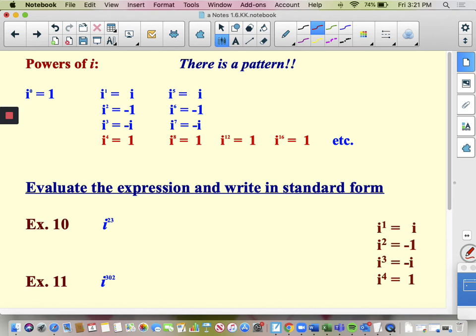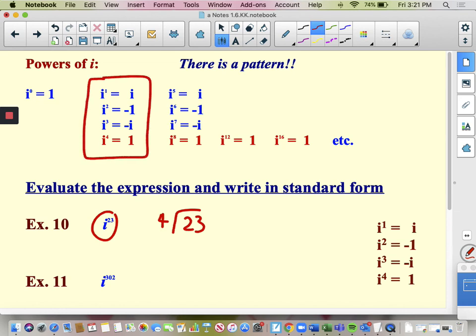You could lay them all out if you really want, or because every fourth power repeats it, then when I go to i to the 23rd, rather than laying out that pattern all the way to 23, I'm just going to take 23 and divide it by 4. Whatever the remainder is tells me in the first four where I fall.